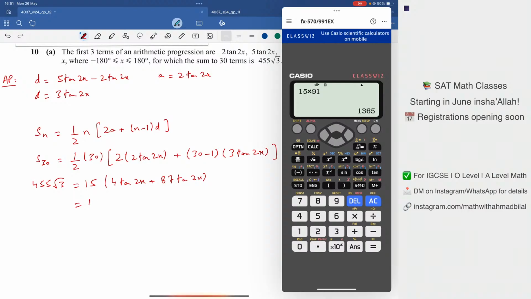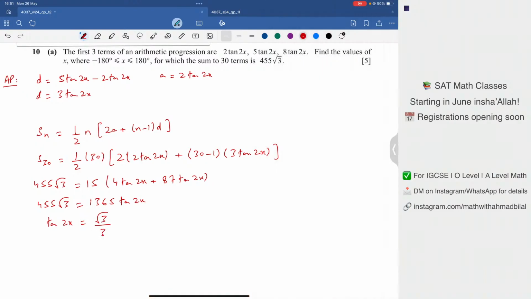That's 1365. 1365 tan of 2x equals 455 under root 3. From that we get that tan 2x equals 455 divided by this. That's 1 over 3. So we have under root 3 over 3. Tan 2x equals under root 3 over 3. This is the equation that we now need to solve.